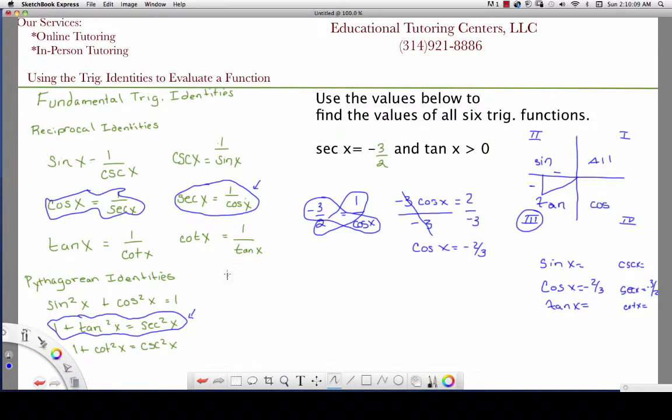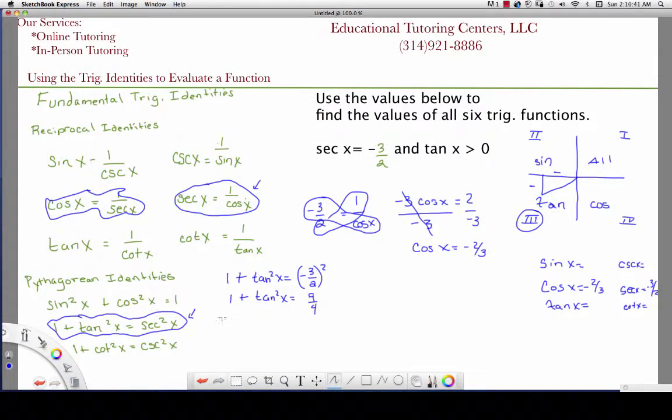So it's 1 plus tangent squared x is equal to secant squared x, which is negative 3/2, and we will have to square it because of the square on those. We have to have squares here and here. So then that's 1 plus tan squared x is equal to 9/4.